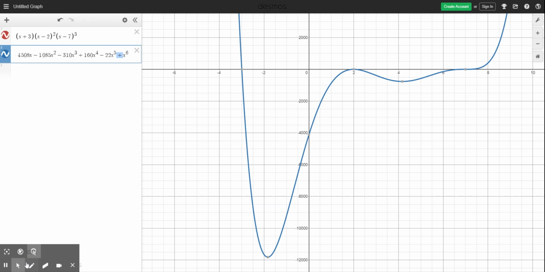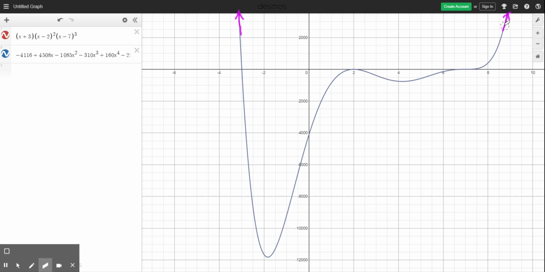And what we want to notice about that is that on these positive even, 6 is even, exponents, the end behavior works such that it's going in the same direction here on both of these ends, right? Here's the middle where all of the action is, where all of the turns are, and then out here on the ends, it's going in the same direction. And we would say both of those are going up.